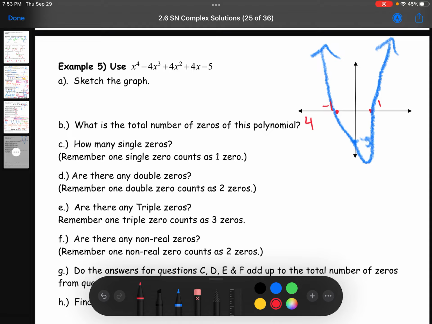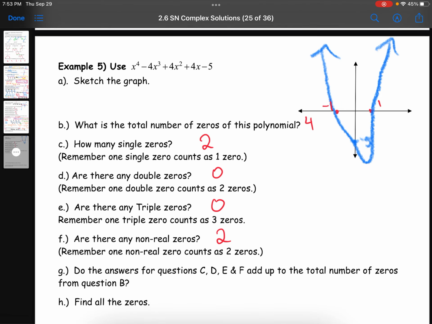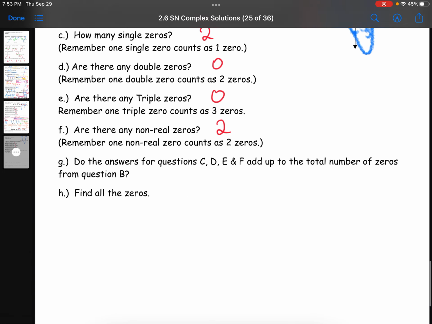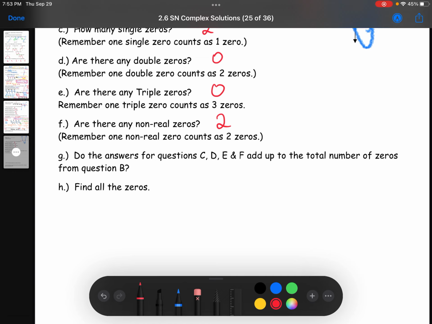Okay, total number of zeros here is going to be 4. There are 2 single zeros, no doubles, no triples. So that means there has to be 2 imaginaries in order to get us to 4 solutions total. So that does add up to our 4 solutions, and we want to find all of those zeros.